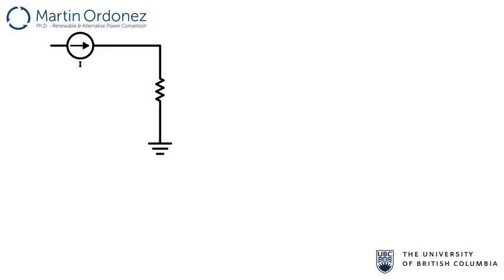When current flows through a resistance as shown, a voltage drop between the terminals of the resistance is created. The relationship between the current, the resistance, and the voltage follows Ohm's law: I is equal to V over R. In an electrical circuit, the reference point is the ground, which has zero voltage.